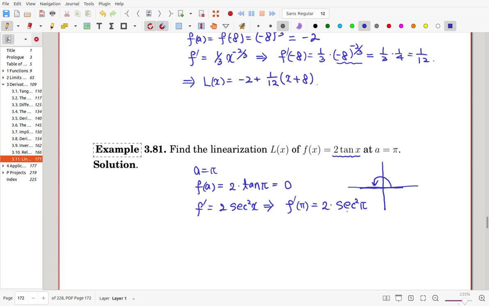Its square is 1, and its reciprocal is 1, so finally f prime at pi is 2. So the linearization is f(a), which is 0, plus the slope 2 times (x minus a). That's the final answer.